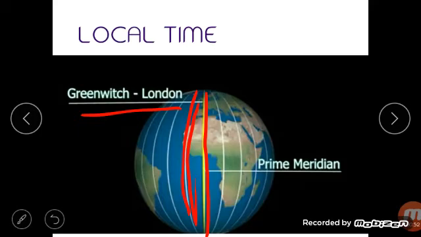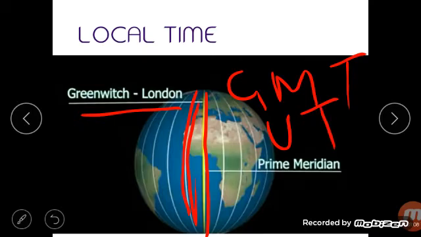It is also called the Coordinated Universal Time, or UTC. It is used as the standard for time calculation throughout the world.